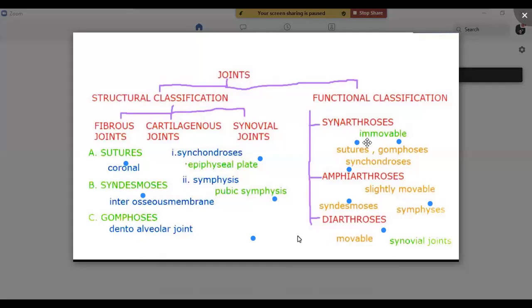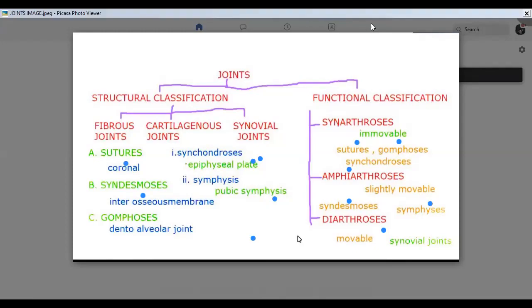It started yesterday, and I'll remind you once again of what we said about that joint: between the two bones, there is the interosseous membrane and the periosteum.